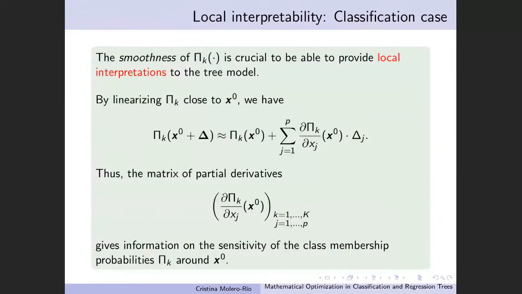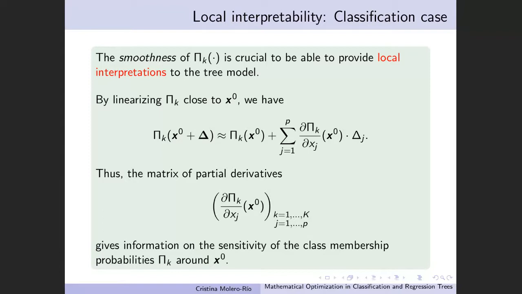And why is this smoothness important? This is crucial in order to be able to provide local interpretation of the tree model. So imagine we have an individual with predictor vector x0. So we could linearize this p_k close to x0, having that expression there.